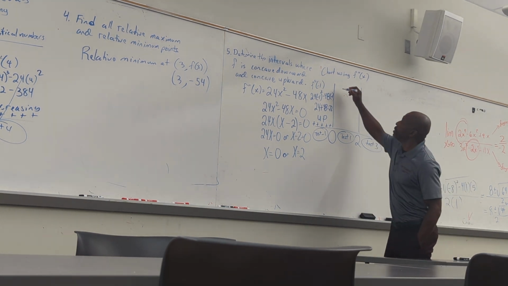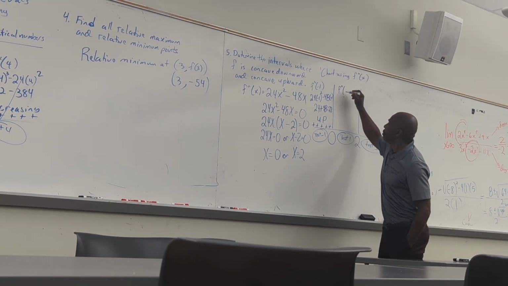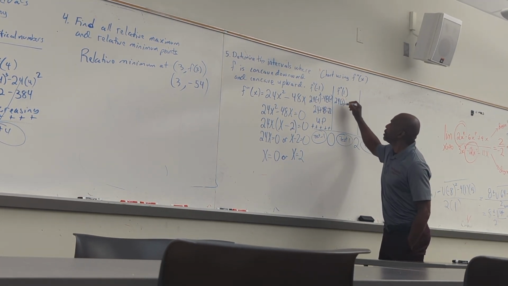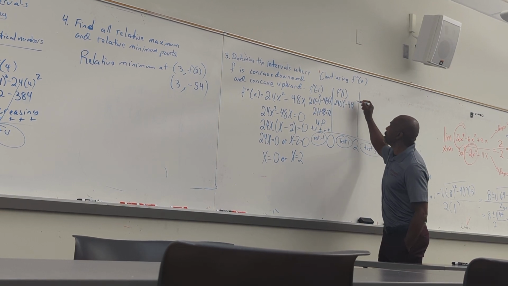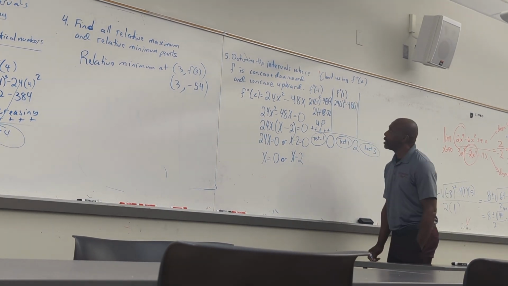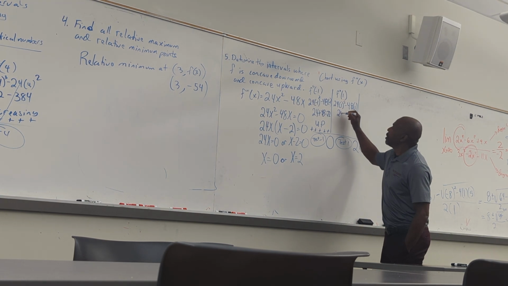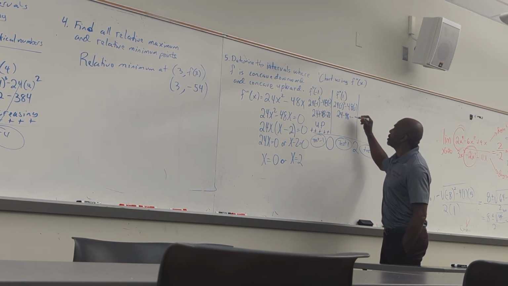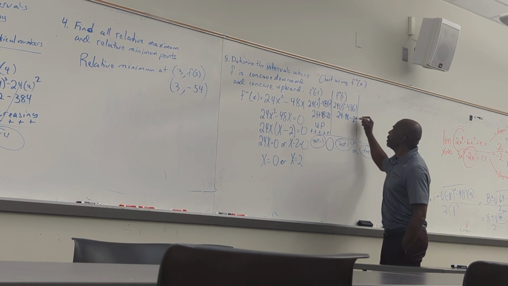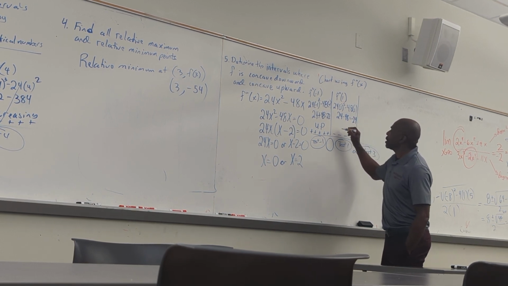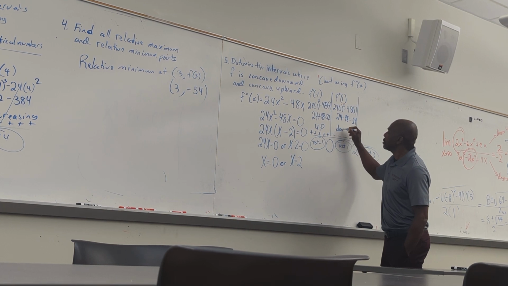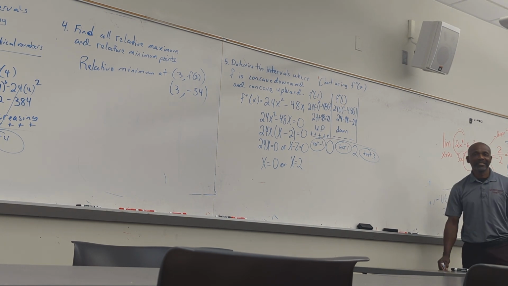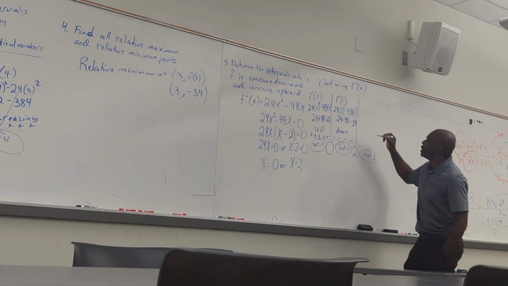And then I put in 1. I get 24 times 1 squared minus 48 times 1, which is 24 minus 48, which is negative 24. So this is negative, so the graph is concave down. We good? And then we're going to put in 3.